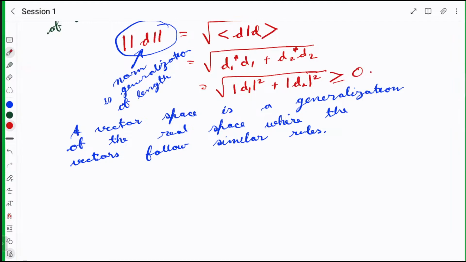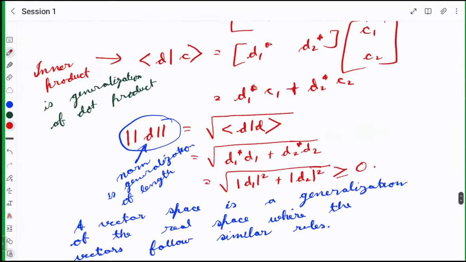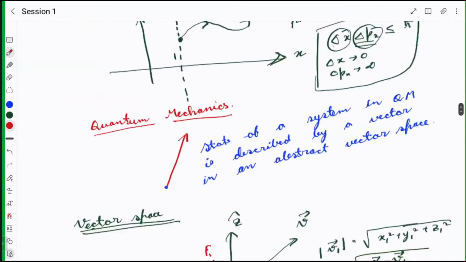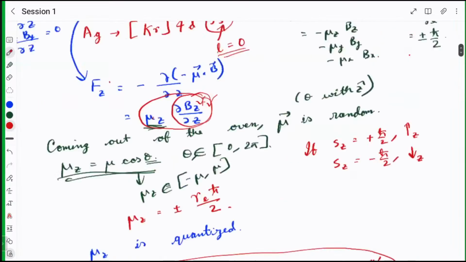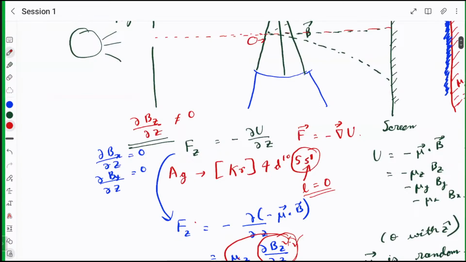Sure, go ahead. In the Stern-Gerlach experiment, the neutral atom's outermost electron, 5s1, is a monopole, right?